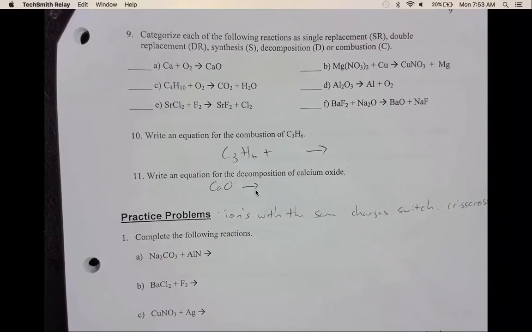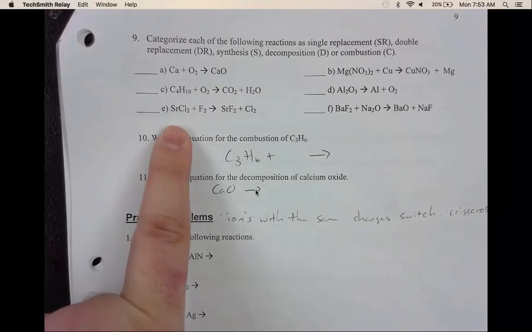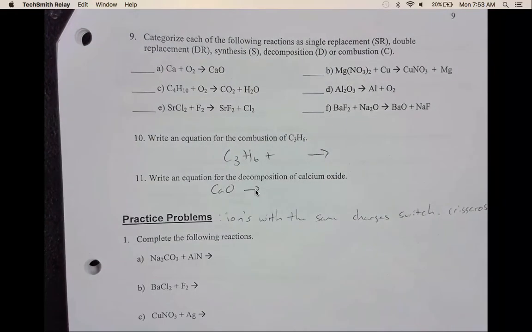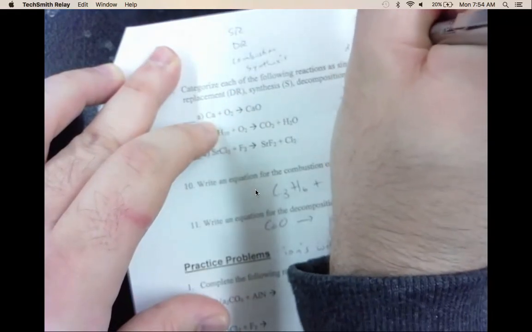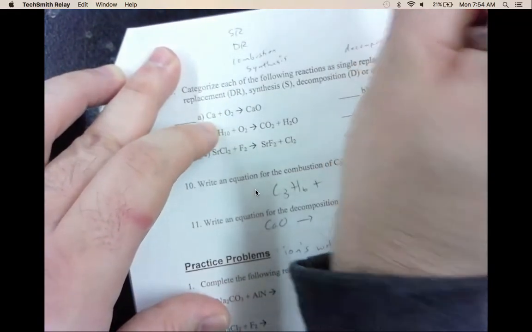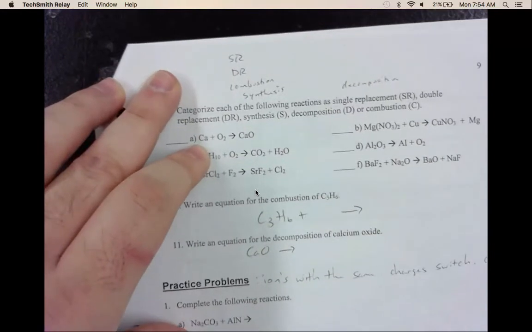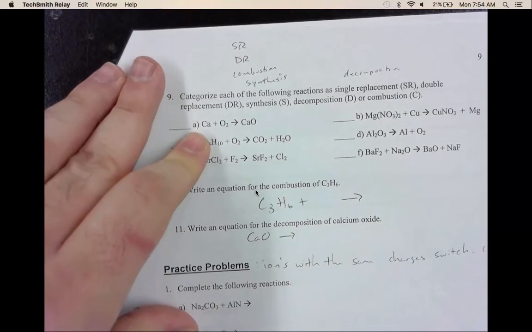Question 9 is taking a look and identifying different reactions that we've looked at. So remember, when you have single replacement, double replacement, combustion, synthesis, and decomposition, these are the 5 types of reactions that you can have.